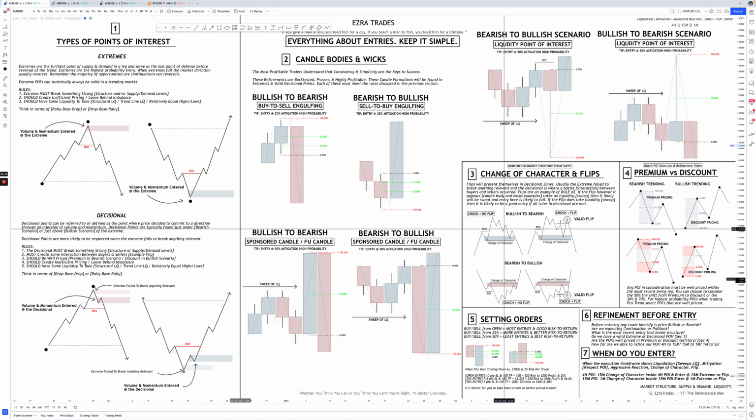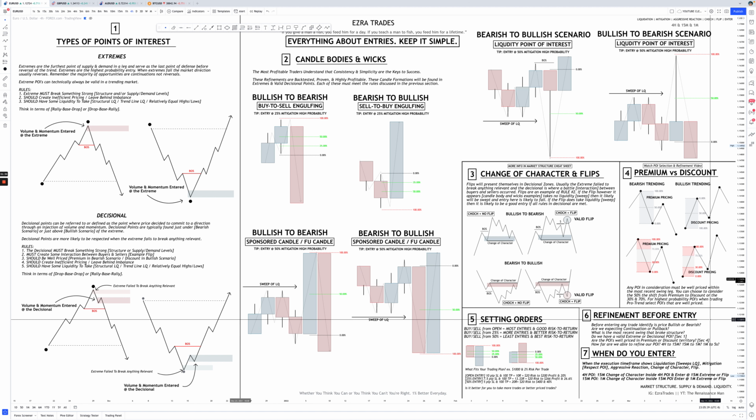And am I awaiting a change of character and flip to give me my entry? I already understand premium discount pricing before I select my POIs, right? You already understand where you're setting your order from. And at this point, now you have to focus on the refinement before entry and understanding what's happening and what you're looking for, right?